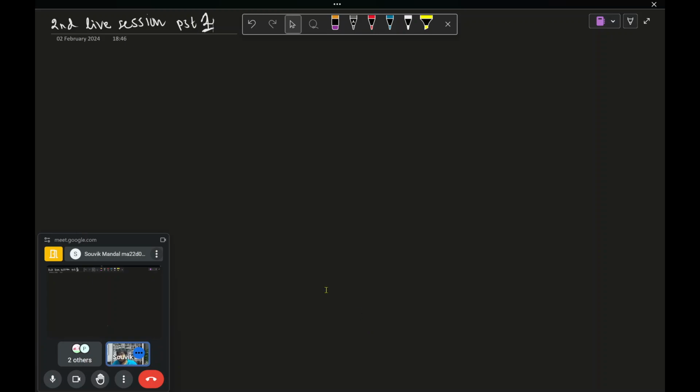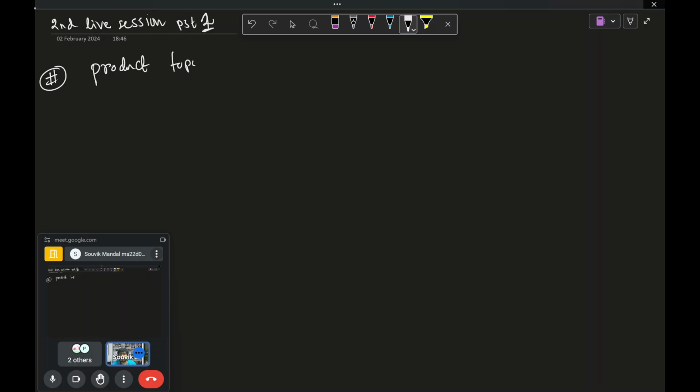So let's start with the product topology. Since I'm writing, I couldn't see the chat. So if you have any doubt, you can unmute yourself and ask the question. The first thing that comes here is known as the product topology. It is defined as follows.